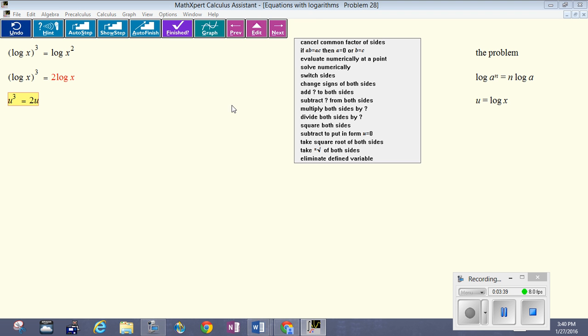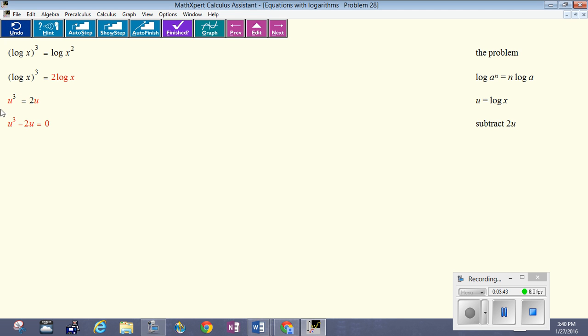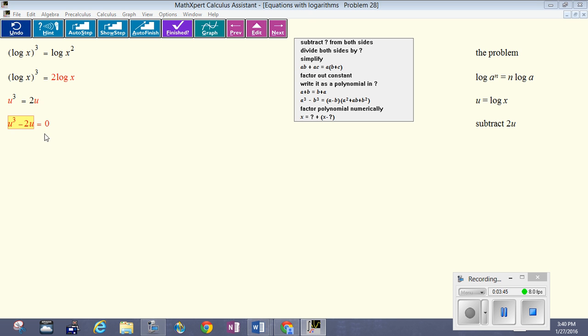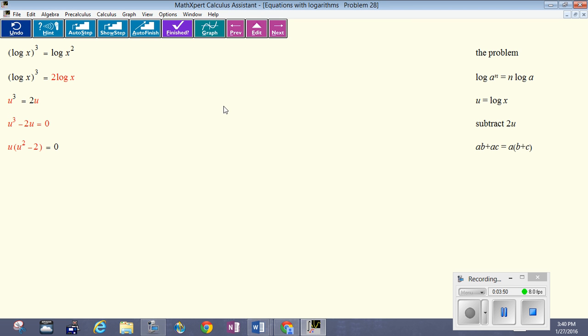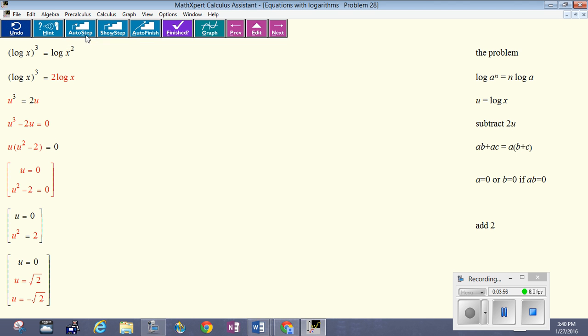So we'll just bring everything over to one side, pull out the common factor of u, okay? And then from which we will get u equals 0 and u equaling the square root of 2, okay? But then again, we have to remember what is u. U is log of x.